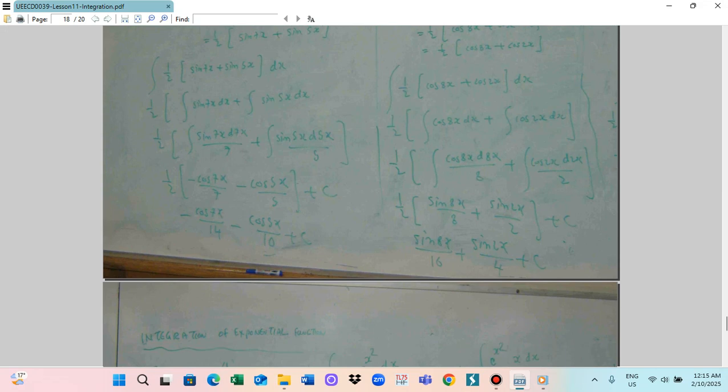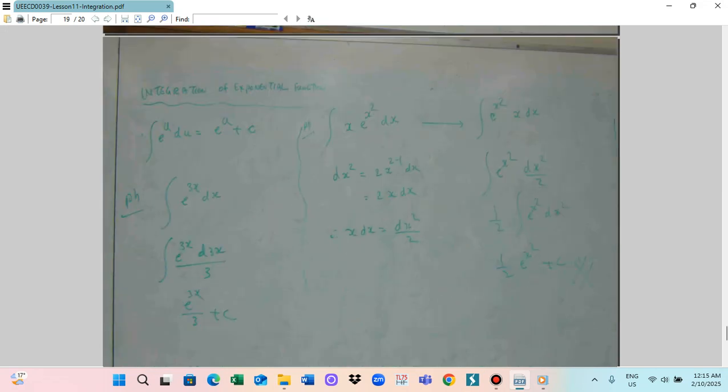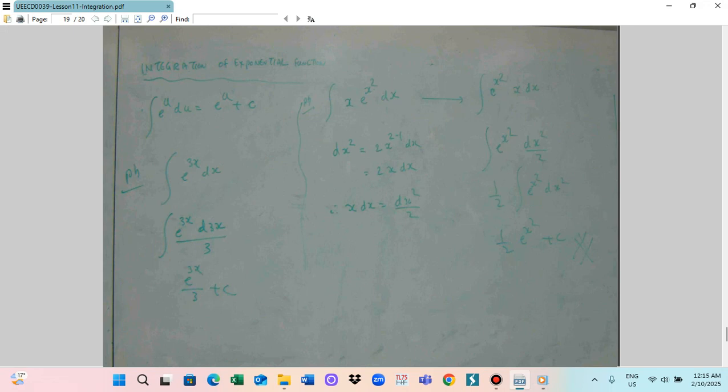Okay, the next one is the integration of the exponential function. So the integration of e power u du is equal to e power u plus c. So this is the formula. To integrate the exponential function, you get the same function.